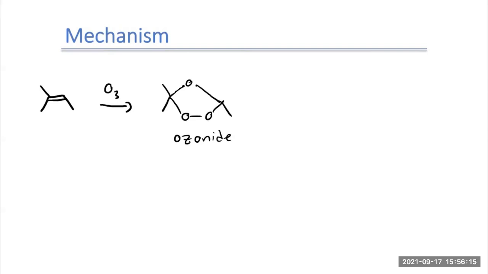which then, that ozonide intermediate goes through rearrangement and cleavage using our sulfur with the two methyl groups to give us our product.